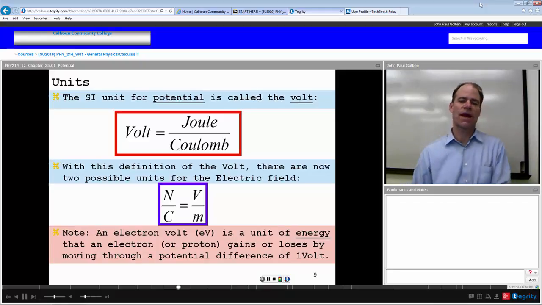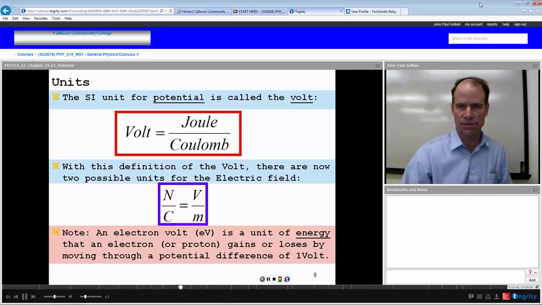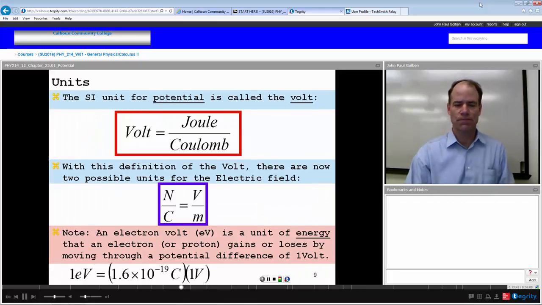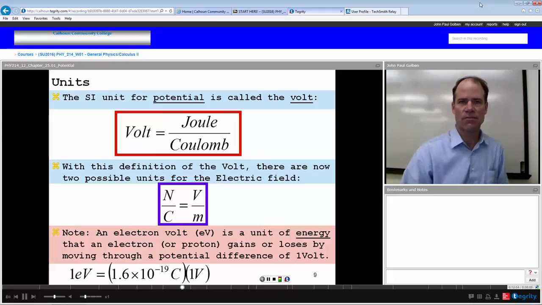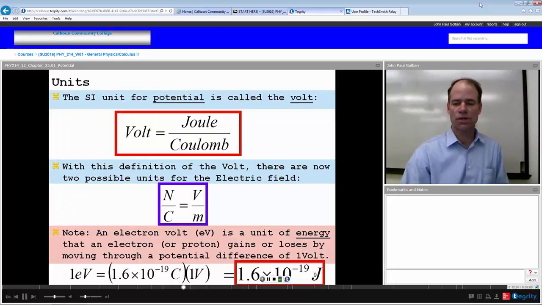Also, we may have what is called an electron volt, which is a unit of energy that an electron or proton will gain or lose by moving through a potential difference of 1 volt. In other words, an electron volt would be equal to the charge times the change in potential. 1.6 times 10 to the minus 19 coulombs times 1 volt will give us 1.6 times 10 to the minus 19 joules.